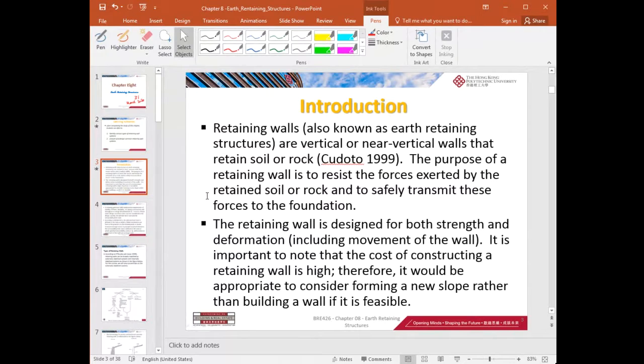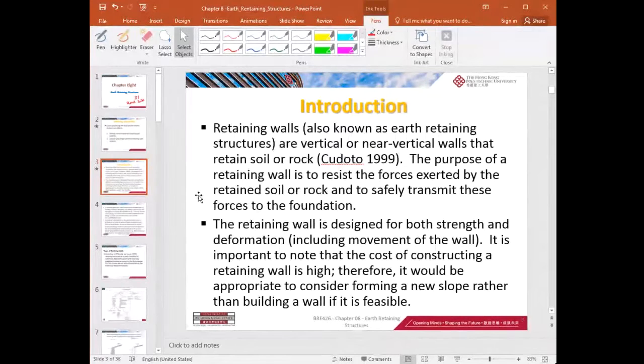Now, earth retaining structures are usually vertical or nearly vertical walls to retain a height of soil or even a rock. The purpose of the retaining wall is to arrest the wall from movement because it's subjected to a very high horizontal force behind the wall due to the earth or the soil.